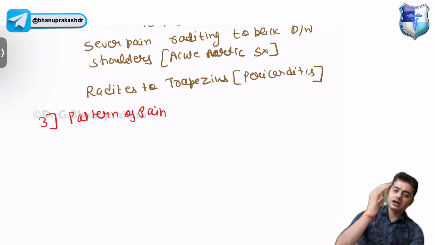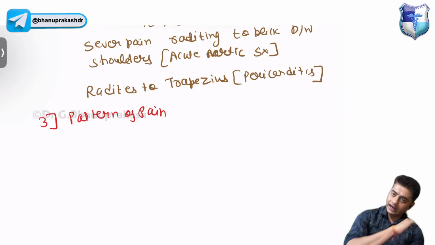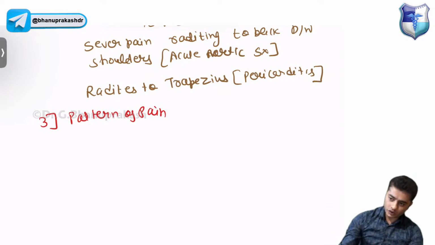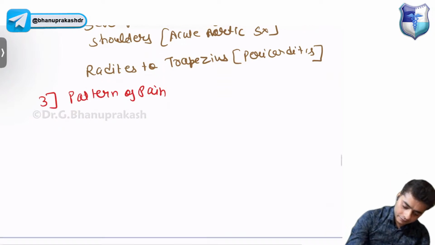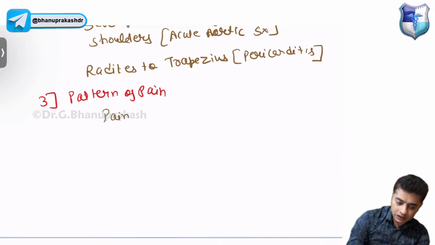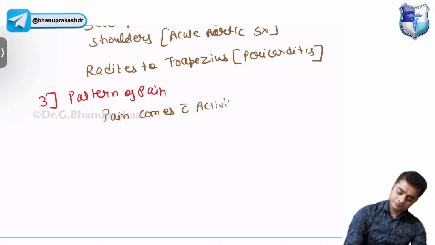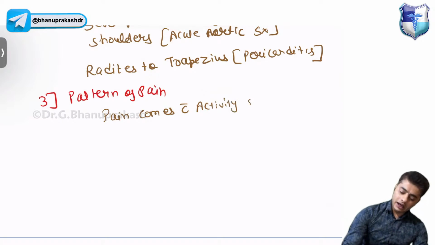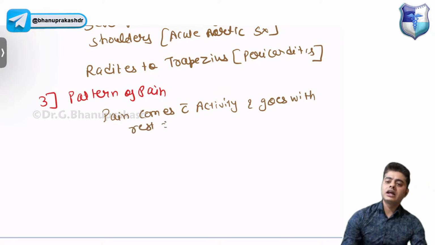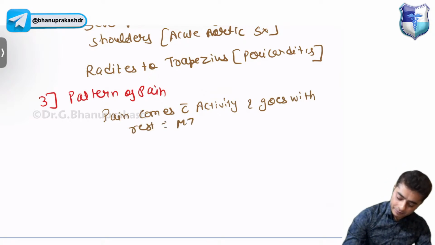Some pain comes with activity and is relieved with rest, but some pain starts suddenly and then is constant. So a pain which comes with activity, okay, and goes with rest. What is this? This is your MI pain.